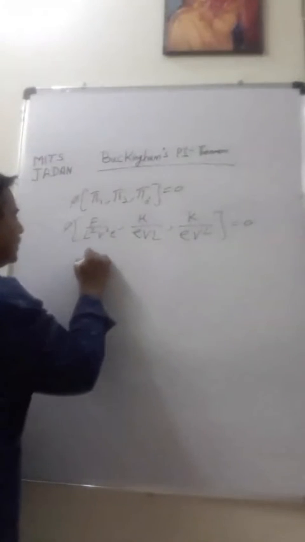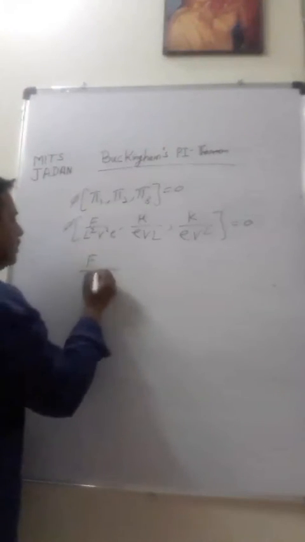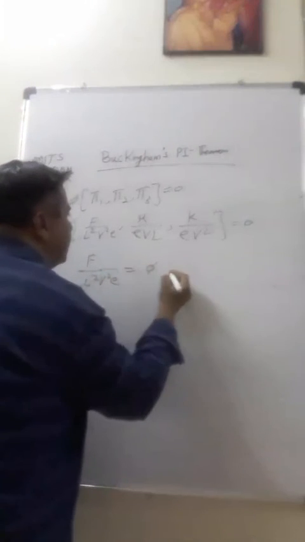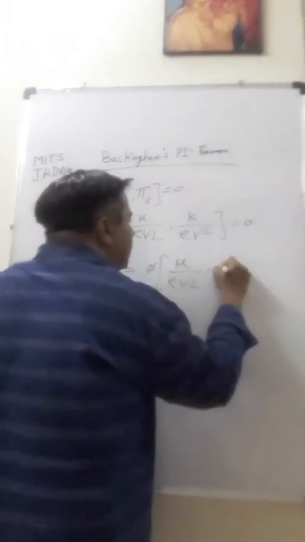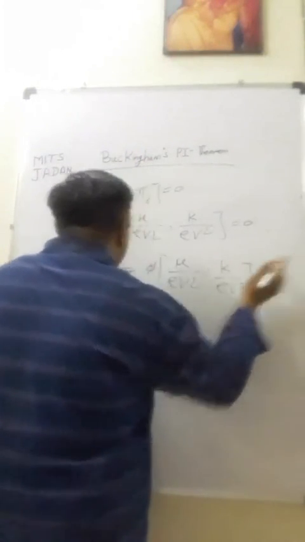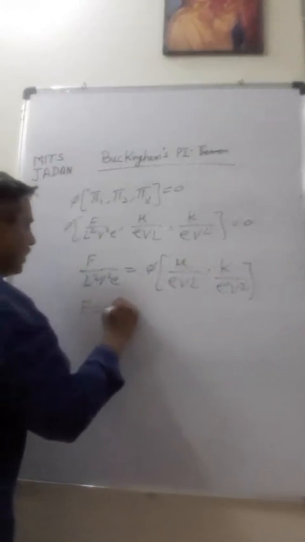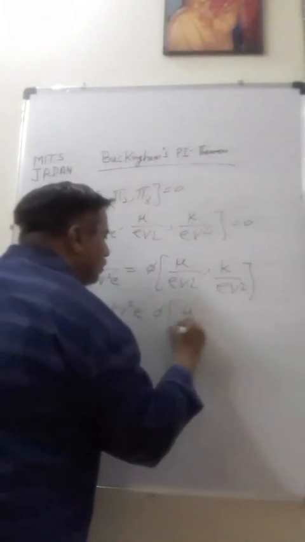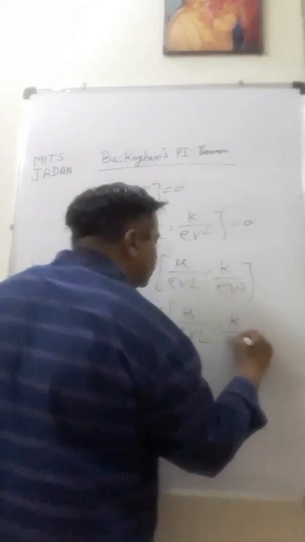So F upon L square V square rho will still remain a non-dimensional number, equal to phi times mu by rho V L, K by rho V square. Or this term I will be taking to the right hand side. So F is equal to L square V square rho phi times mu by rho V L, K by rho V square.